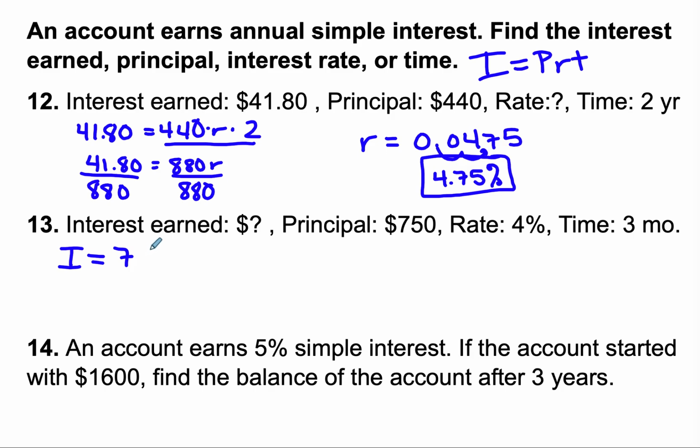All right, our next one, we don't know the interest, so that's going to be I. Principal is $750. Rate as a decimal, 0.04. And then our time is 3 months. So off to the side here, I'm going to do 3 divided by 12. 3 divided by 12 gives us 25/100ths. That's our number in years, 25/100ths years.